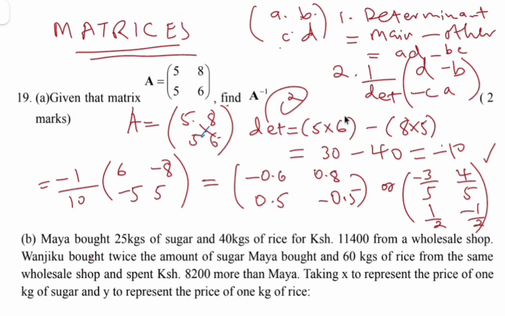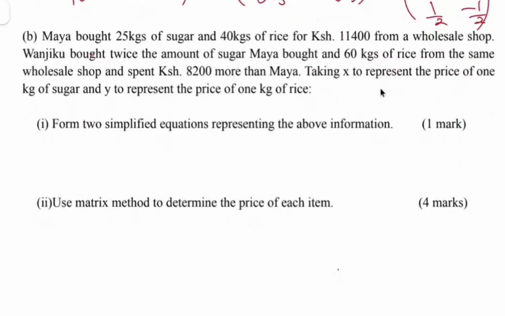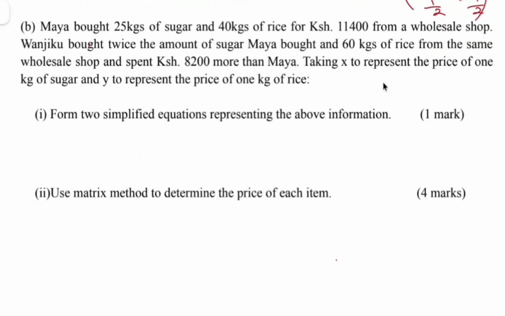So question B says Maya bought 25 kgs of sugar and 40 kgs of rice for 11,400 shillings from a wholesale shop. Wanjiku bought twice the amount of sugar Maya bought and 60 kgs of rice from the same wholesale shop and spent 8,200 shillings more than Maya.